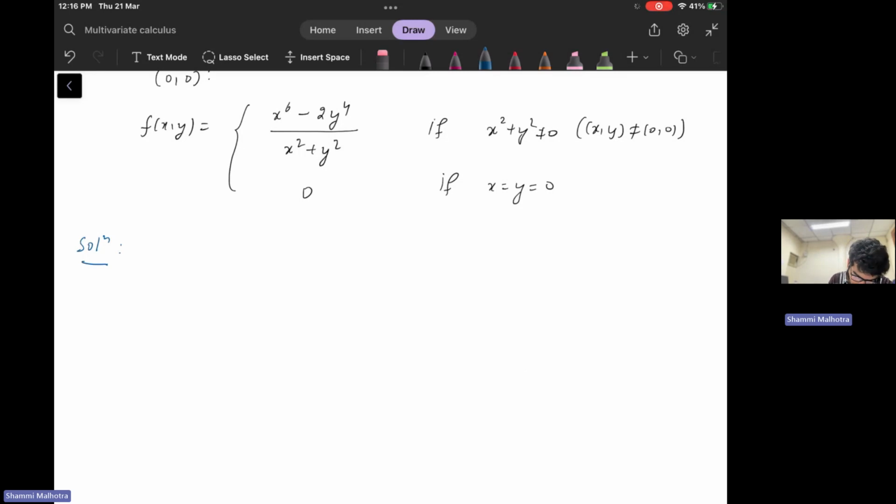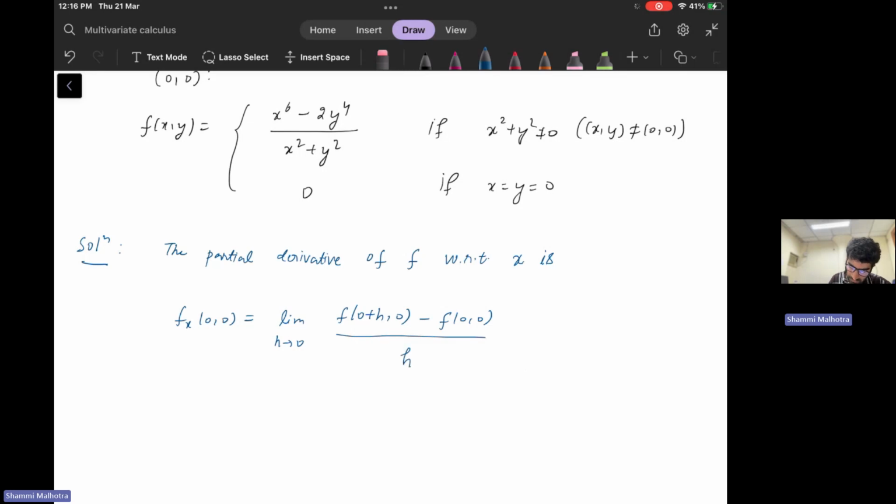So let us evaluate the partial derivatives. The partial derivative of f with respect to x: we have to evaluate the limit h tending towards 0 of (f(0 plus h, 0) minus f(0, 0)) whole divided by h.